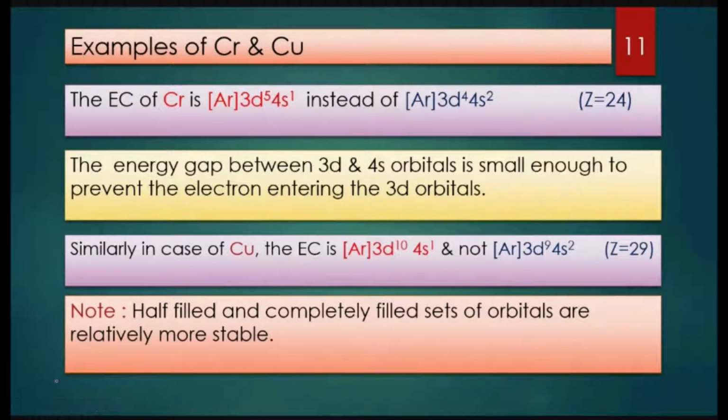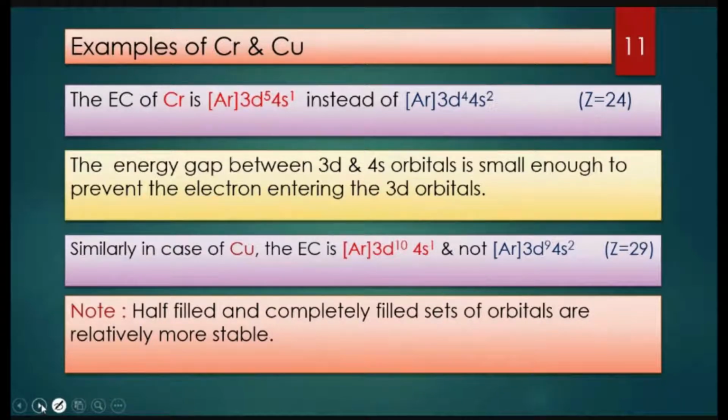So that is why in case of chromium, in order to obtain stability, one electron will be shifted from 4s orbital to the 3d orbital so as to obtain an electronic configuration as argon core 3d5 4s1, where 3d orbital is half filled. That is why chromium is going to be more stable.